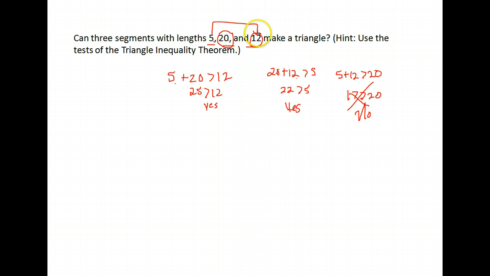So just because that one failed, I know that it would fail for all of them. So the answer is no. Now, had we got a number bigger than 20 here, 21, 22, 23, as far as we want to go up, we would have been fine. But that did not pass the test with 5, 12, and 20.